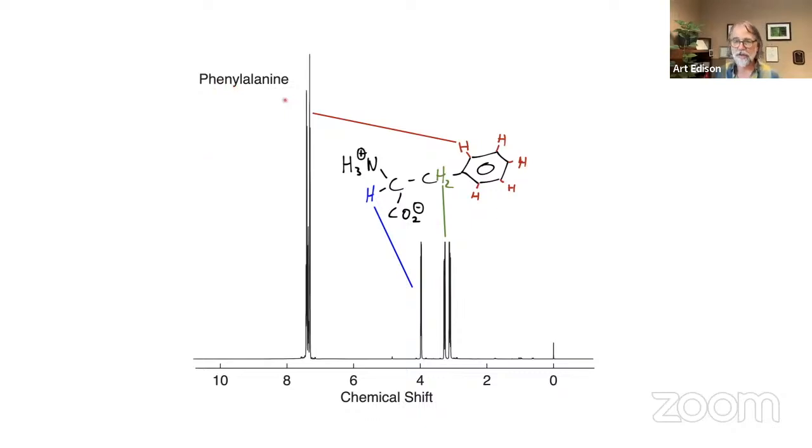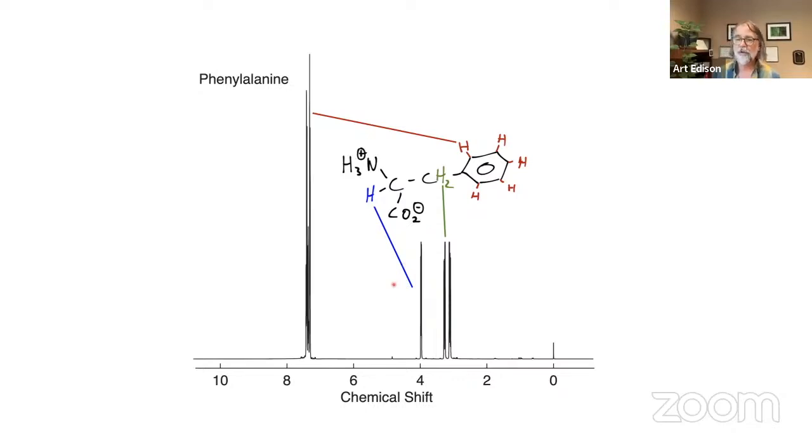Here's just another example. Here's the phenylalanine reference spectrum from BMRB. This is really the same as alanine, but there's an aromatic ring up here rather than a proton. You can see it has a big shift from over here for the methyl group before to up here. That leads to another change in the CH2s as well, and the CHs. The CH is actually pretty close to what it was in alanine.